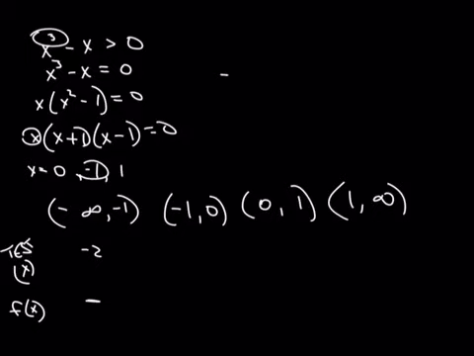So that's a negative answer. When I put in, I don't have much of an option there between 0 and negative 1, I'm going to have to put in a fraction. So I'm going to put in negative 1/2. And when I do that, it spits out a positive 0.375. Is that 3/8, I think?